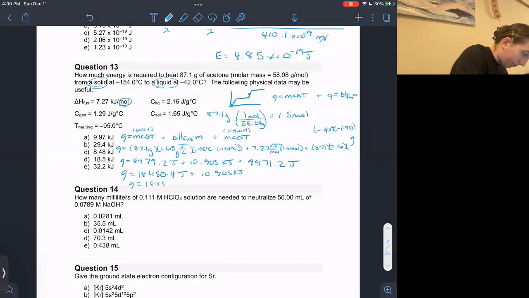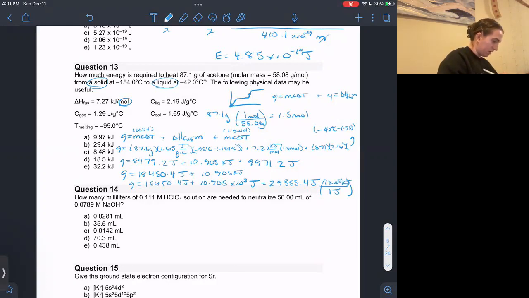So 18450.4 joules plus 10.905 times 10 to the third joules will equal 29355.4 joules. And then if I want to get to kilojoules, 1 joule is 1 times 10 to the -3 kilojoules. So this will be Q is equal to 29.4 kilojoules.